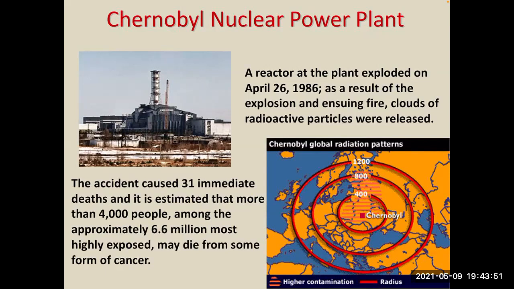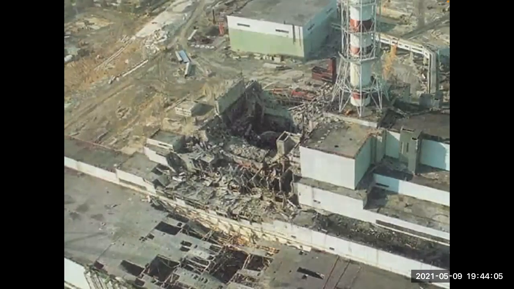However, the Soviet Union still only says that those 31 immediate deaths were a direct result of Chernobyl, and they do not attribute many of the others to it. This is a picture of that reactor that melted down that night. We'll talk a little more about Chernobyl later on next week.